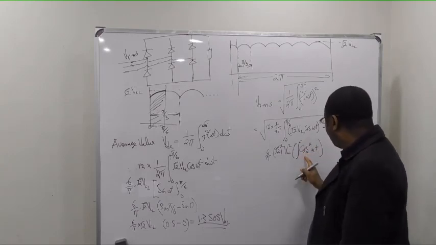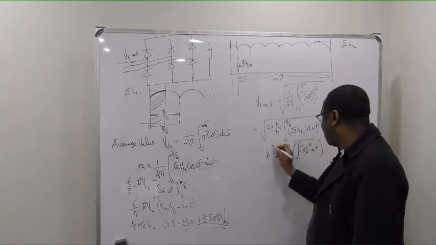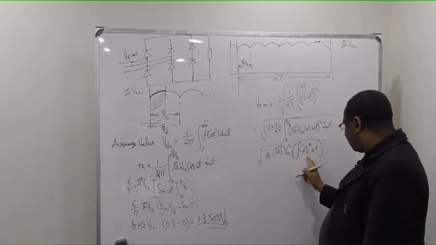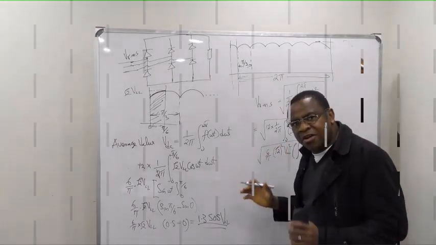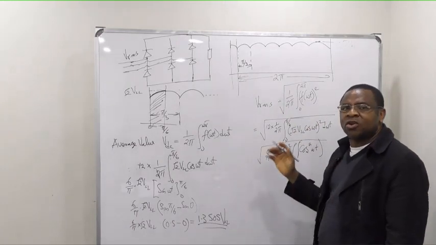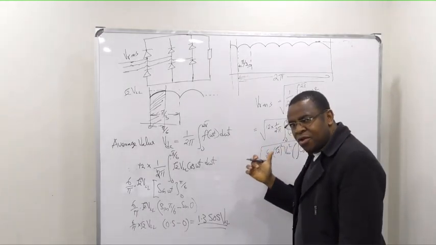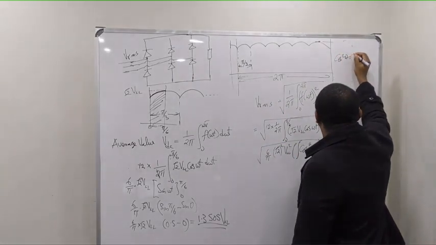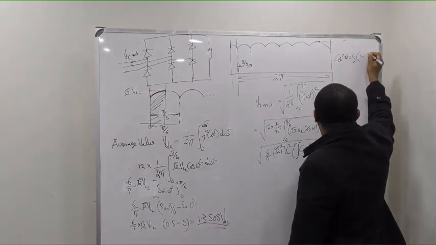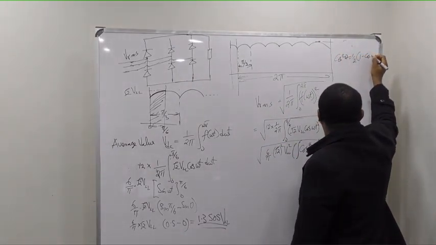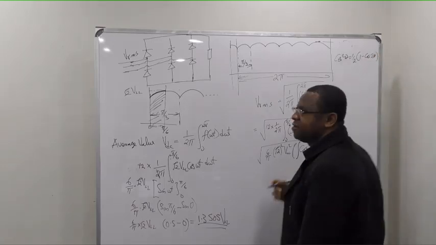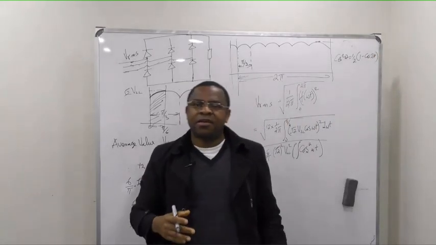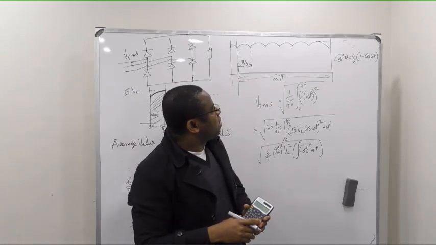Now, you remember you put our square root there? Now, this cos squared omega t, remember that cos squared x or cos squared theta is half into 1 minus cos 2 theta. Right? Is that okay? Okay.